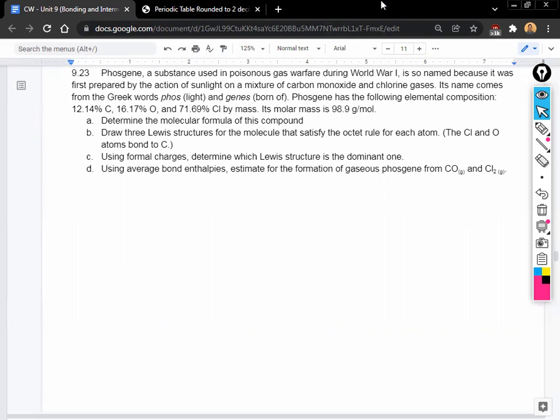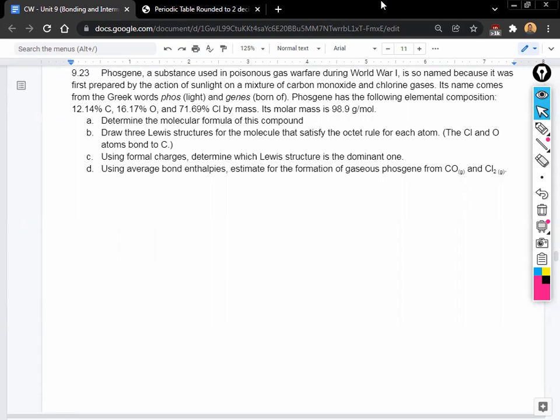Okay, its name comes from the Greek words phos, light, and genus, born of. Okay, phosgene has the following elemental composition. It's 12.14% carbon, 16.17% oxygen, and 71.69% chlorine by mass. Okay, and its molar mass is 98.9 grams per mole.